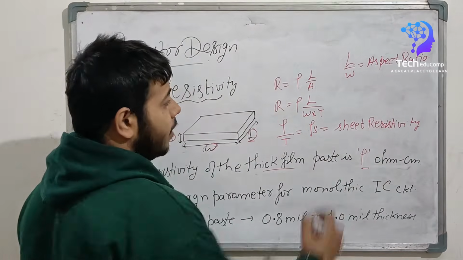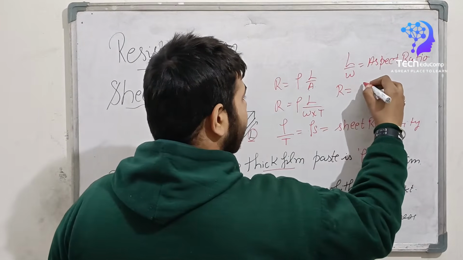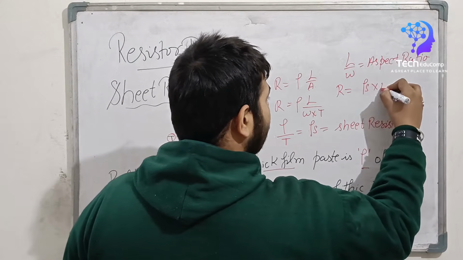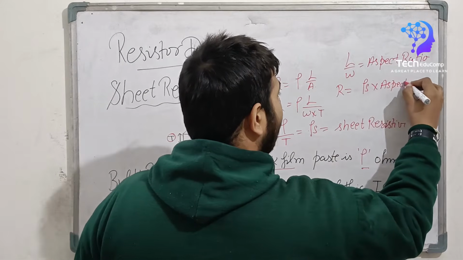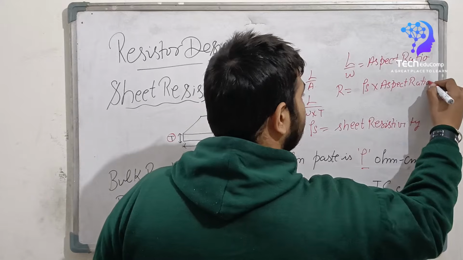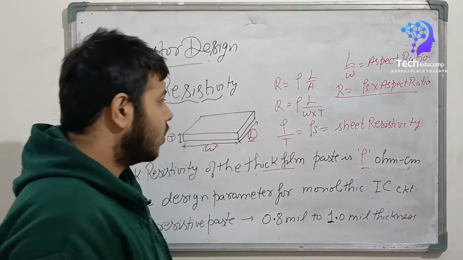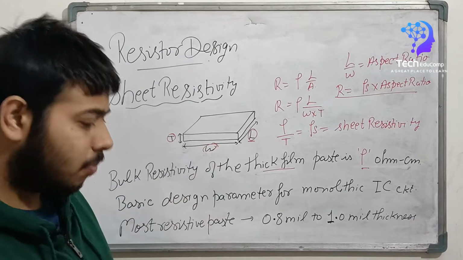So R equals rho S into the aspect ratio. This is how I can measure the resistance of this block.